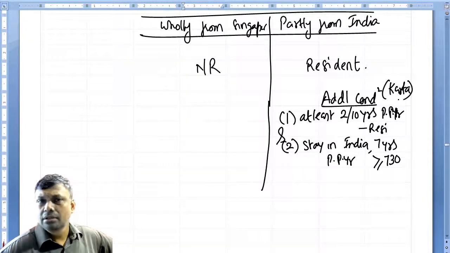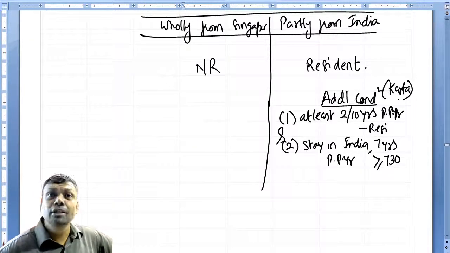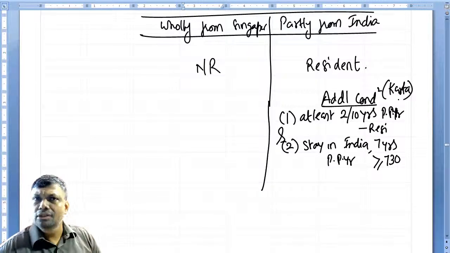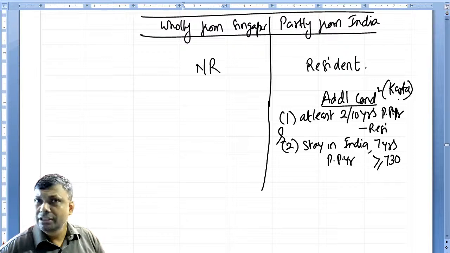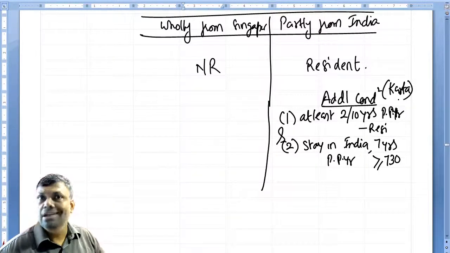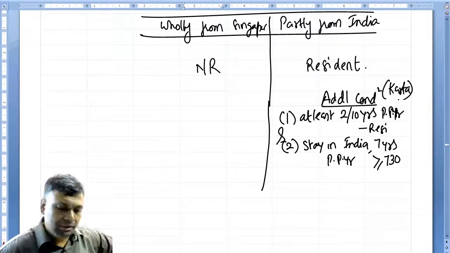Some questions may print the word Karta, and some questions may say he is managing the business of the family. Karta means ultimately who is controlling that particular business.